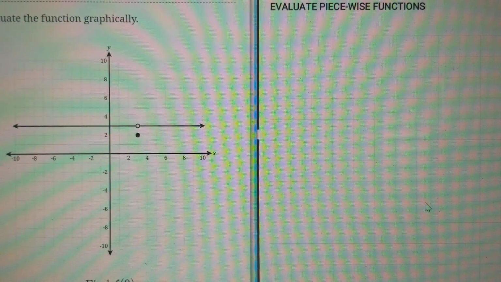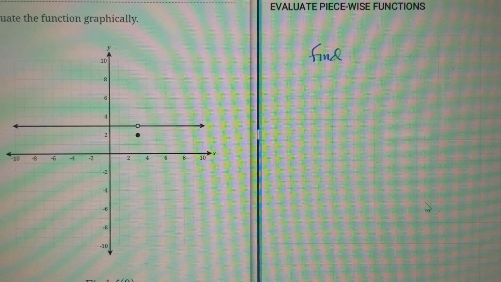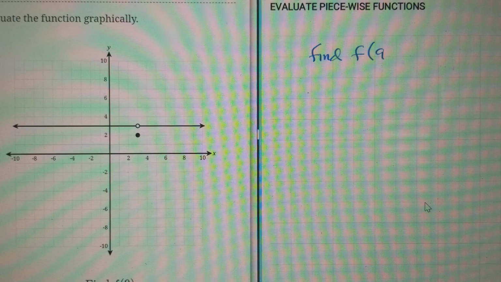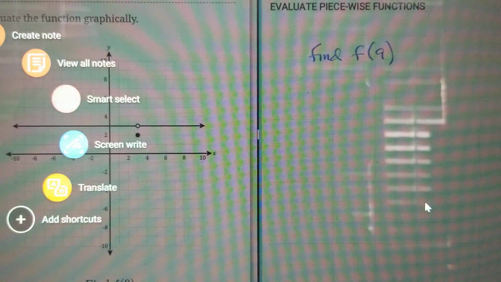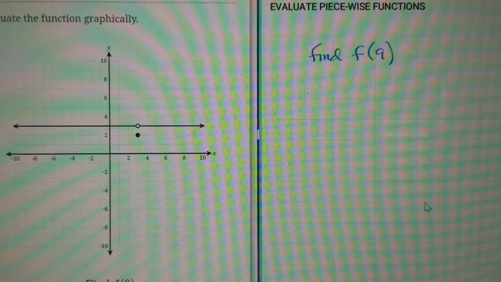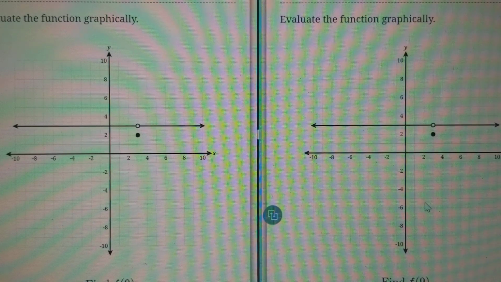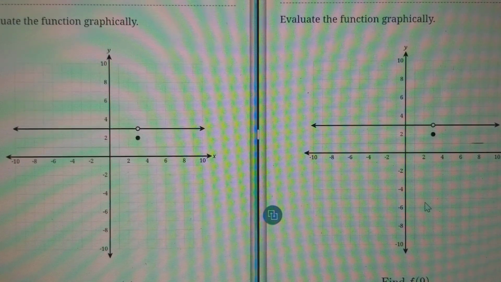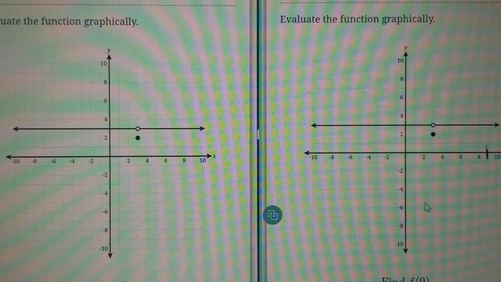All right, so this one says find f of 9. So find f of 9. So f of 9 is right here.